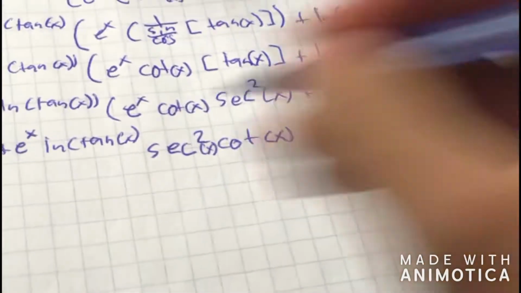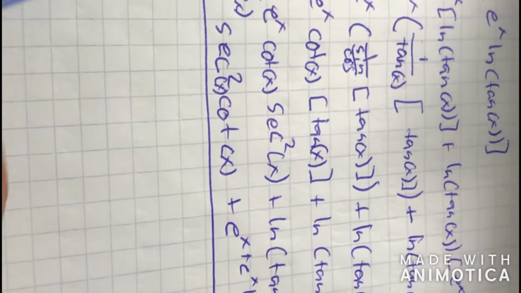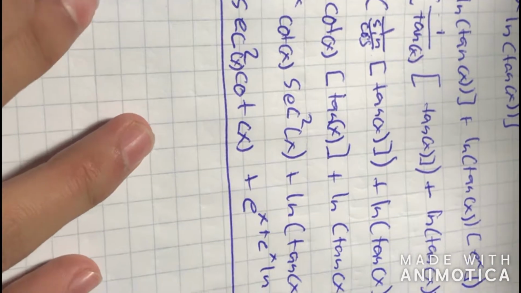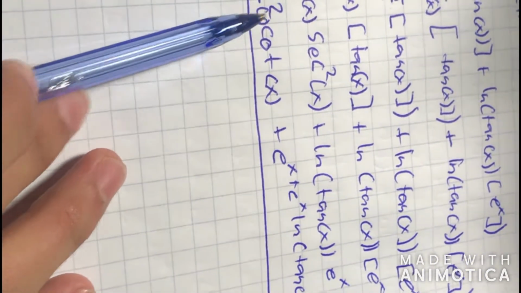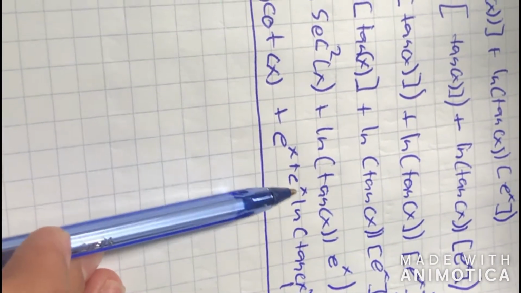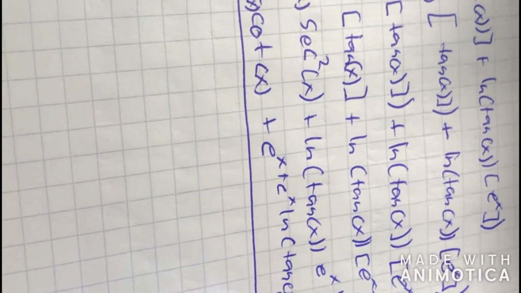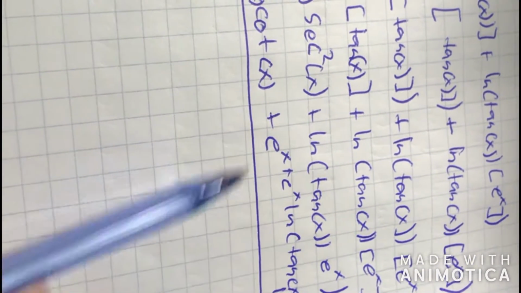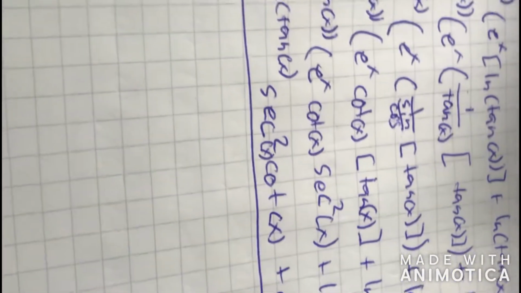So this will be the final answer. All of this, as you can see, will be e to the x plus e all also to the x ln tan of x sec squared cot plus e to the x plus e squared, all that, times tan of x, and then all of this multiplying ln tan of x. Okay, so that will be.